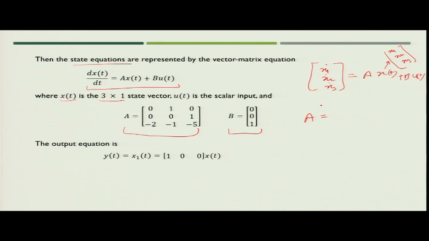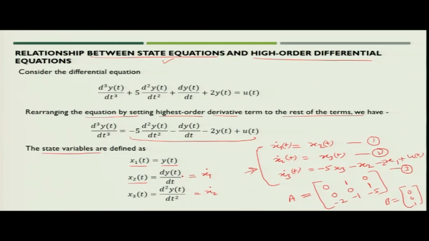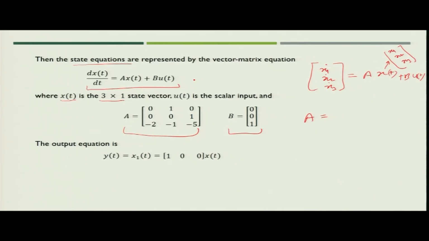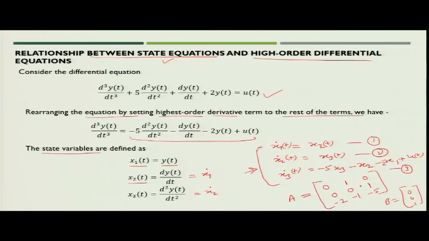Using the state equation representation, you have converted the differential equation into the state equation: x1 dot, x2 dot, x3 dot on the left side, plus A as calculated, times the state vector x(t) with components x1, x2, x3, plus B times the input u(t), with B as shown in the slide, that is 0, 0, 1.